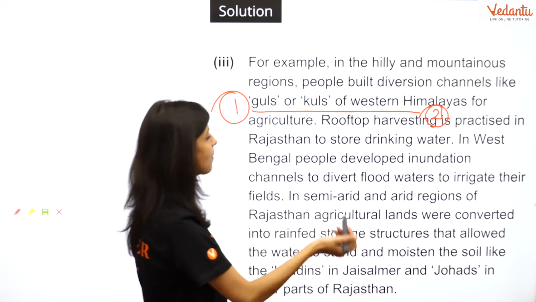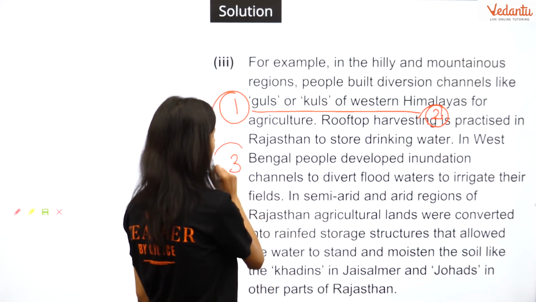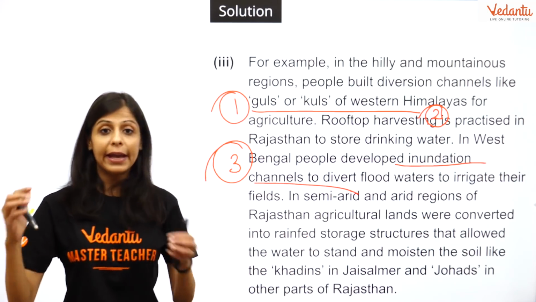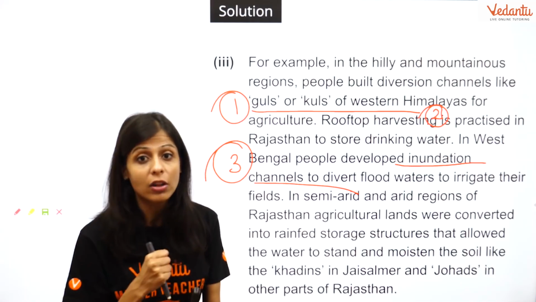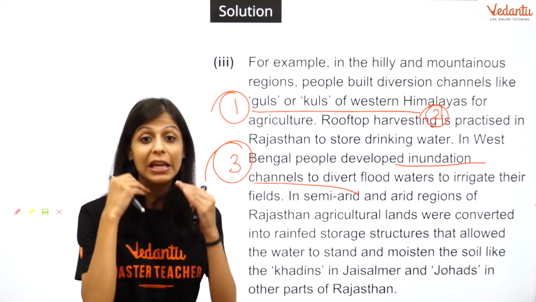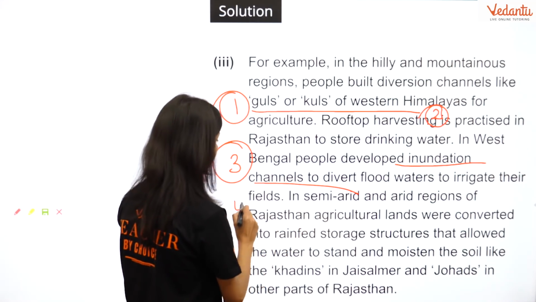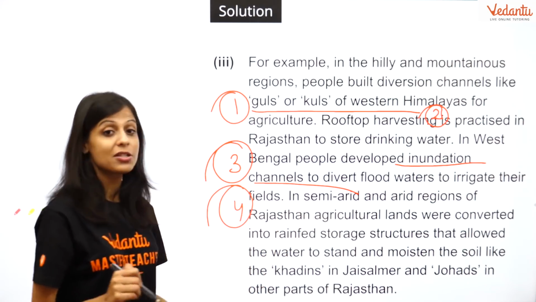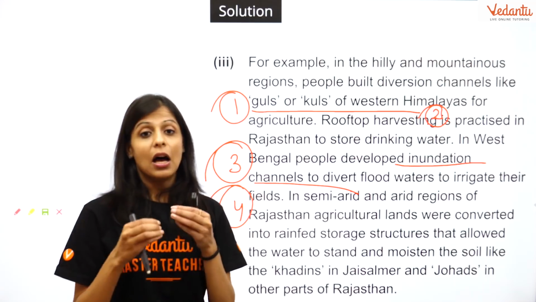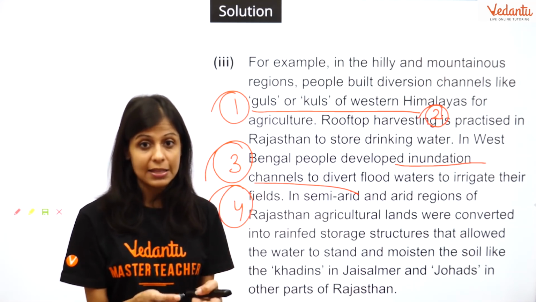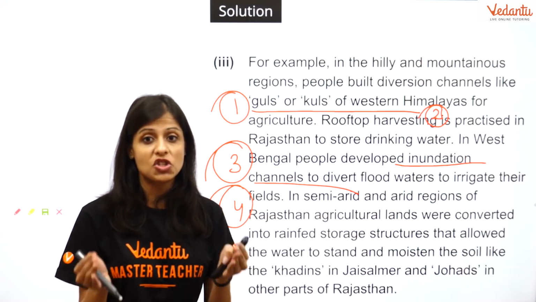So the third example is people of West Bengal. They have their divergent channels to get hold of or divert the flood water so that they could irrigate their fields. The fourth point is, if I talk about arid regions or semi-arid regions, the agricultural lands are converted into storage structures.